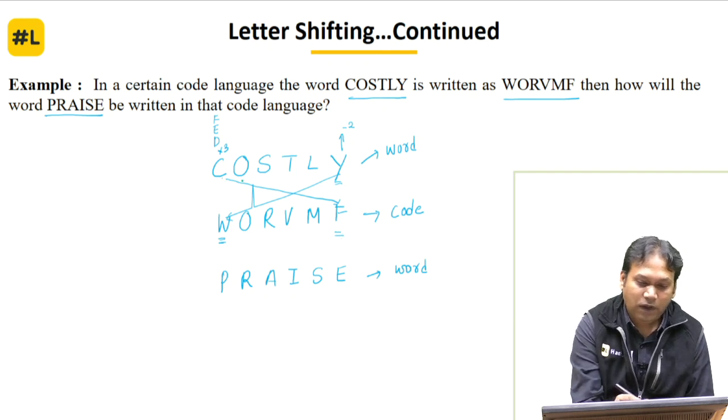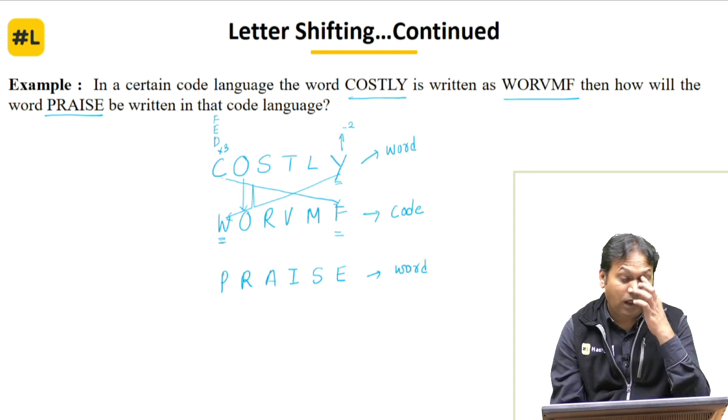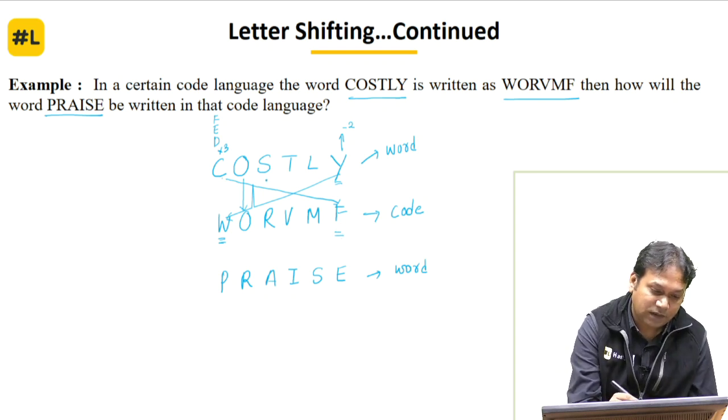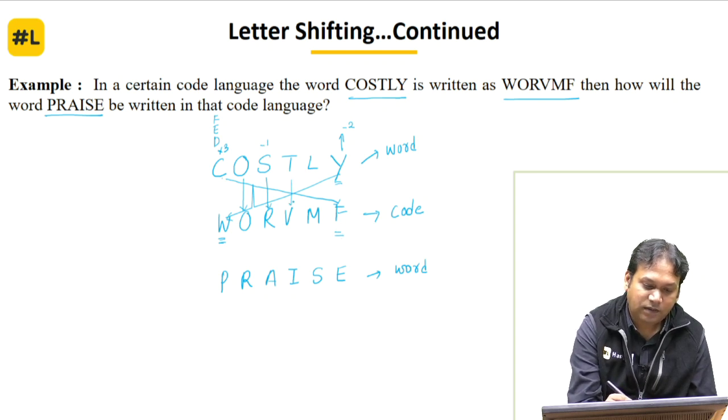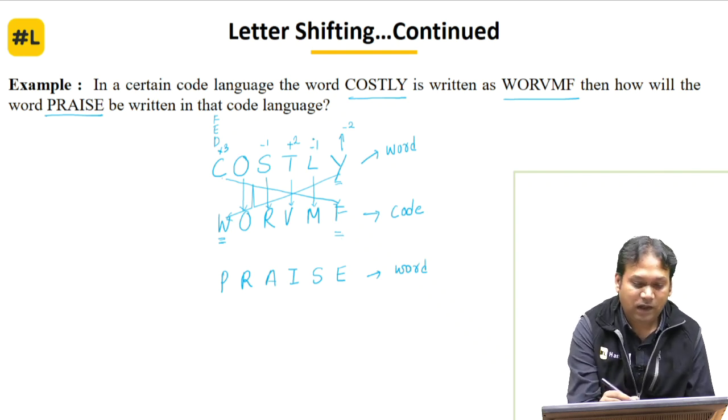Now O remains as O, it is not changing, but other letters you see here, S R, that is minus 1, T V plus 2, L M minus 1, a pattern is there definitely, L M plus 1, right.